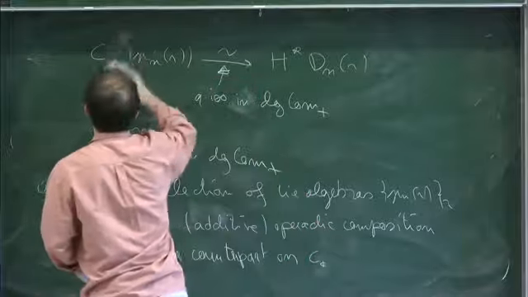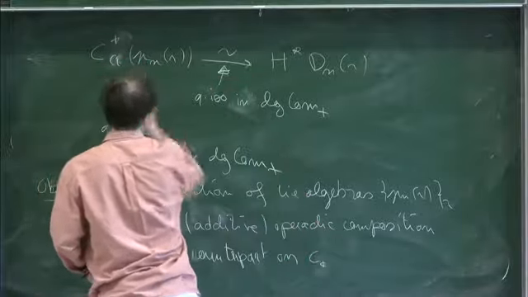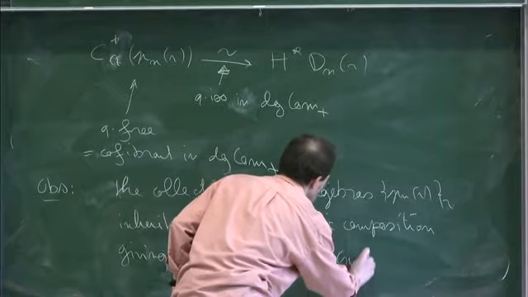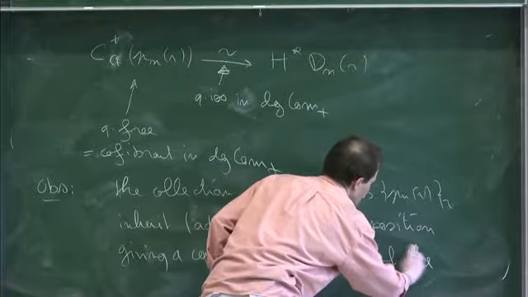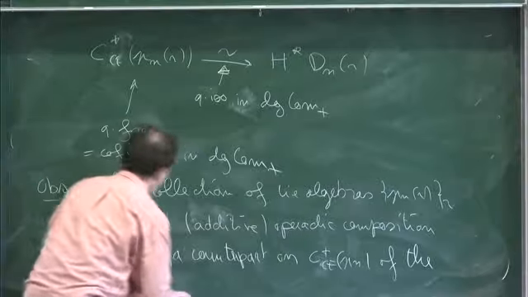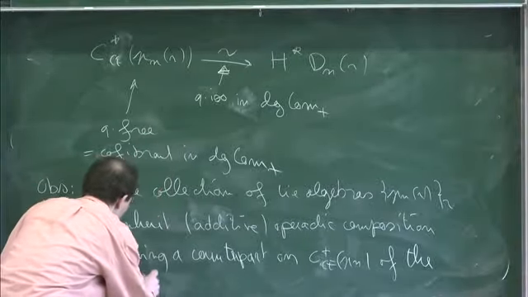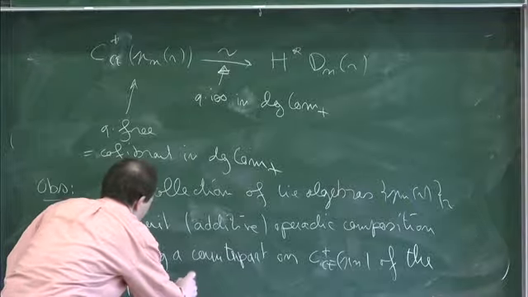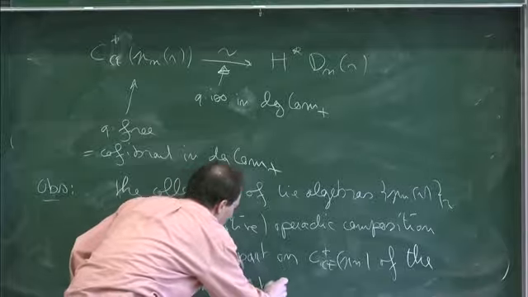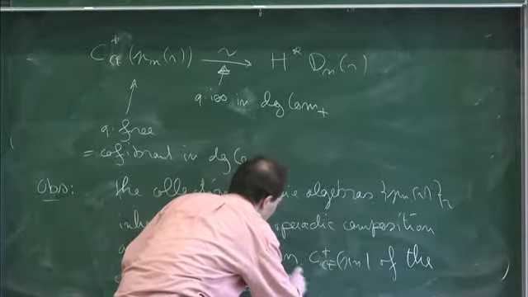Oops, this is the cochain complex. Composition operations induced by the operad structure of Dn in cohomology.